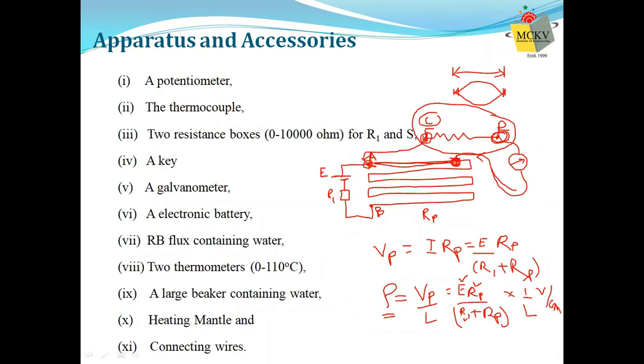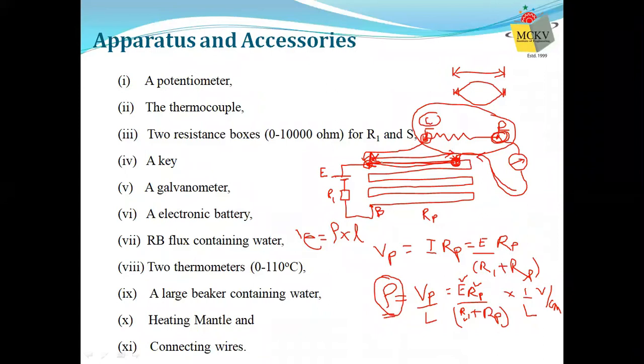And what is the potential difference? That potential difference, or EMF, is nothing but the potential drop per unit length across the potentiometer wire into that length at which the jockey is touching. So let us say the jockey is touching at this point. This is the length that I'm talking about.